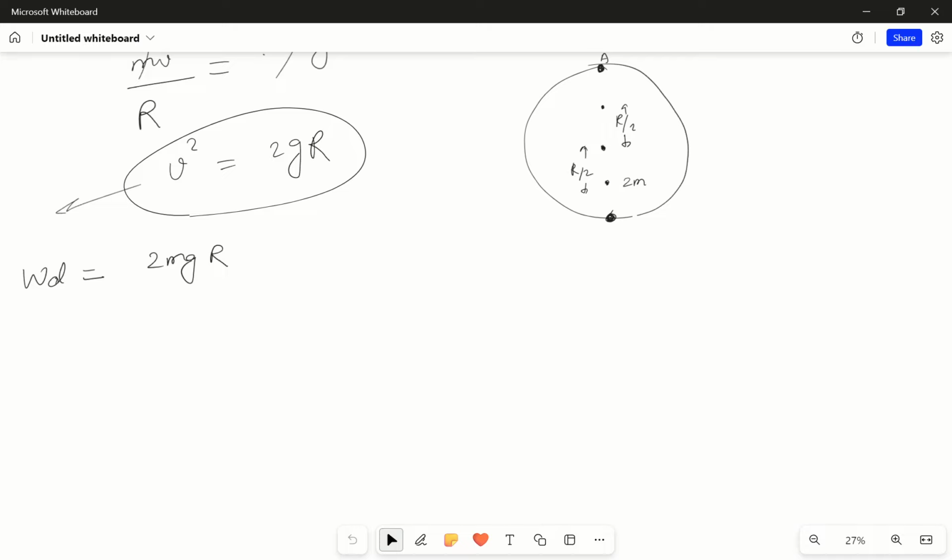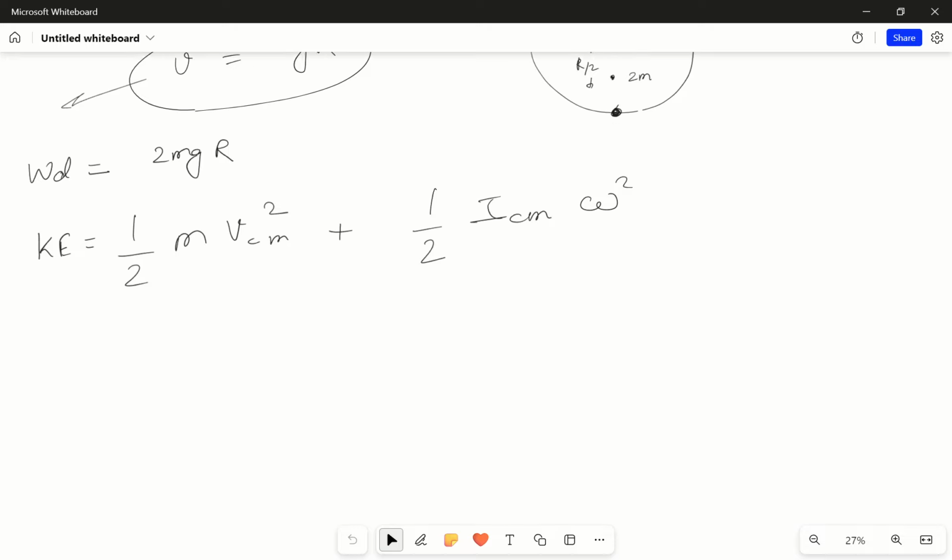So how can we find change in kinetic energy? Kinetic energy at any instant is equal to 1/2 m v center of mass square plus 1/2 I about center of mass into omega square, right?